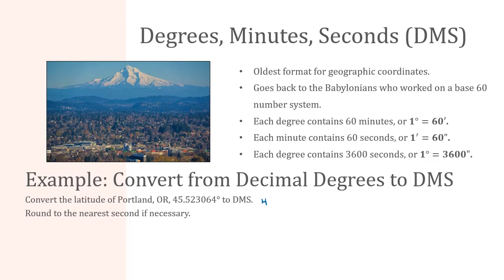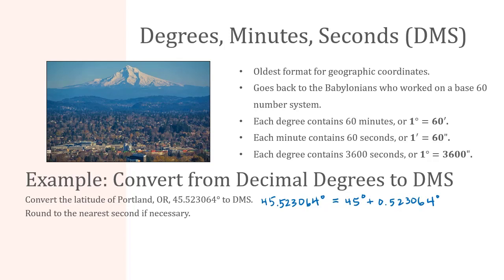So I'm going to have 45.523064 degrees, and what does that equal? So that equals 45 total degrees plus the decimal amount of 0.523064 degrees.